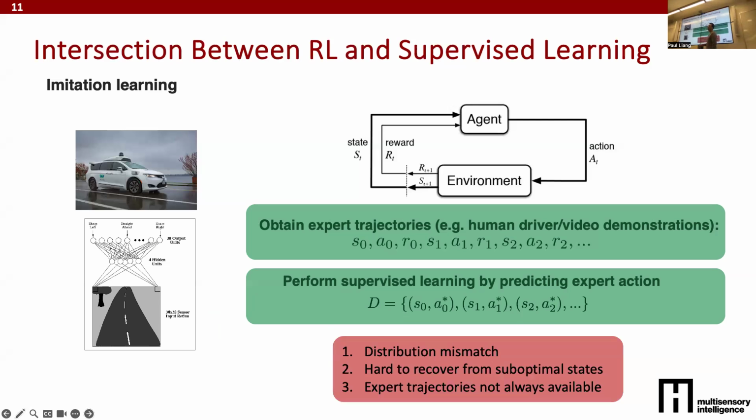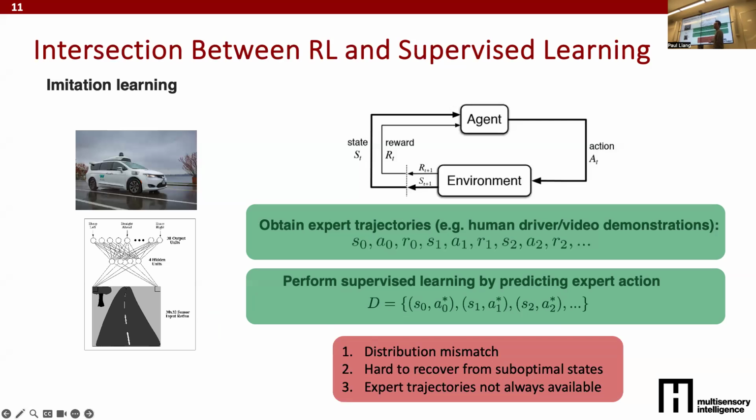And therefore, your model will only know when to take the right actions if it's on the correct path. But in the case that your model accidentally goes onto a wrong path, then it will not be able to recover, right? Because it has never seen examples of how human experts recover from accidentally not stopping at a stop sign or accidentally going off the road.